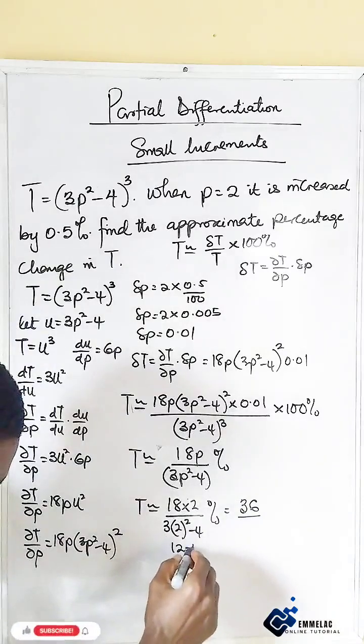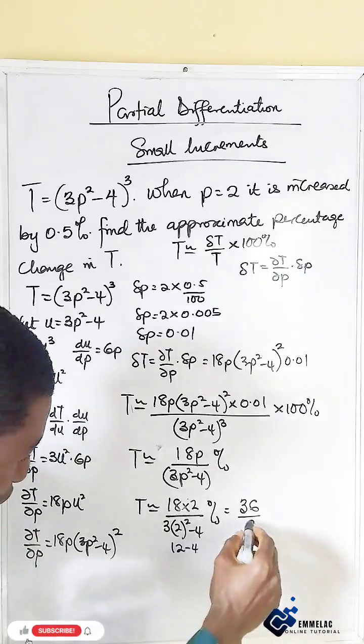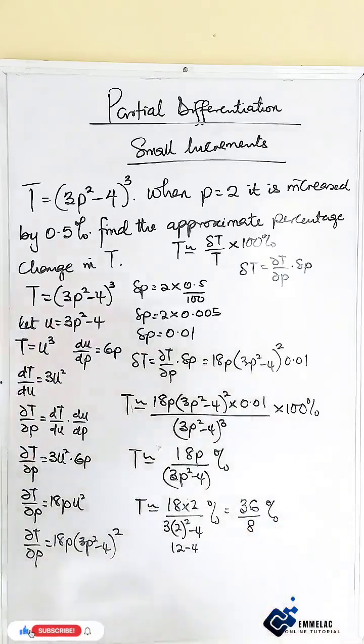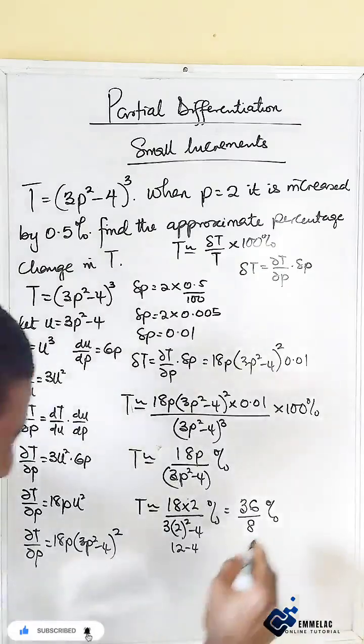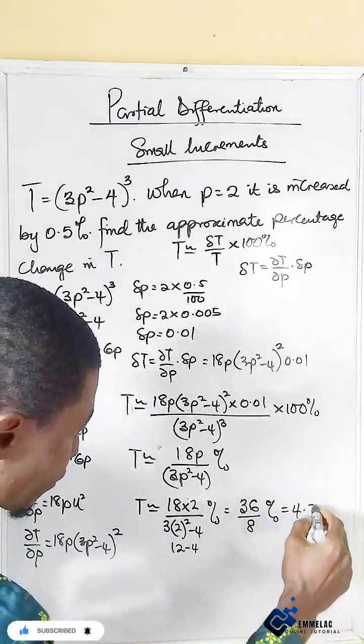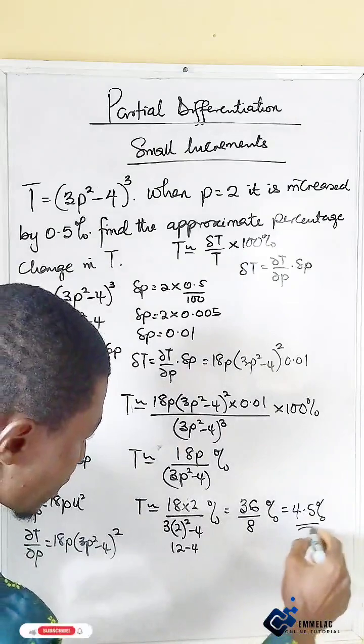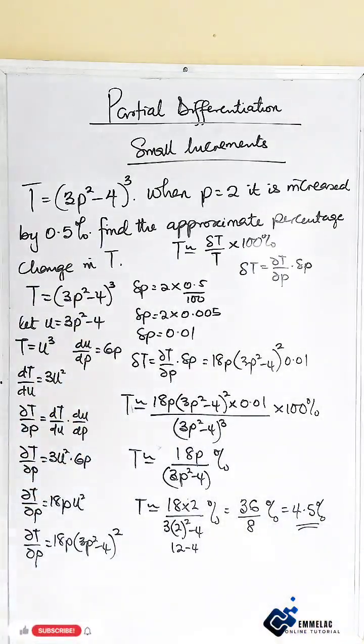This 12 minus 4 will be 8. If we punch our calculator, we get that this is 4.5%. So the approximate percentage change in t is 4.5%.